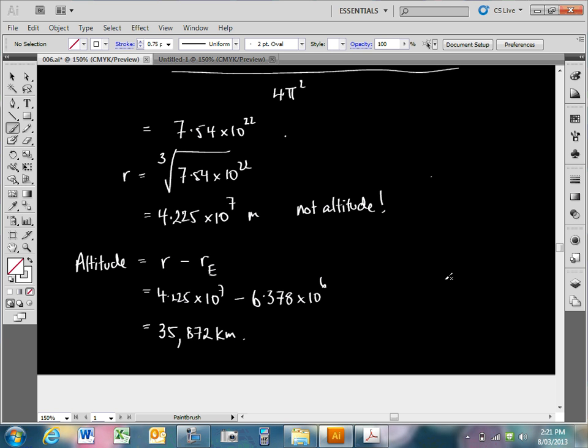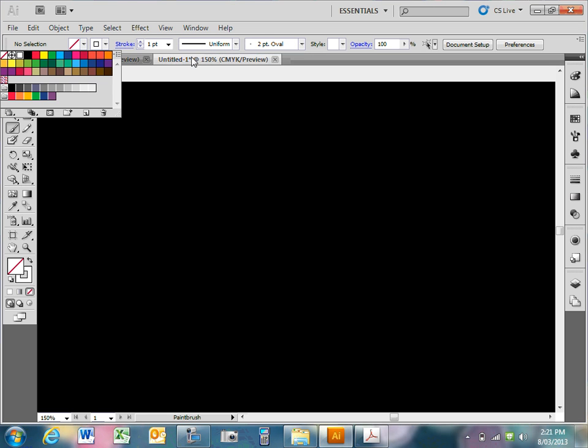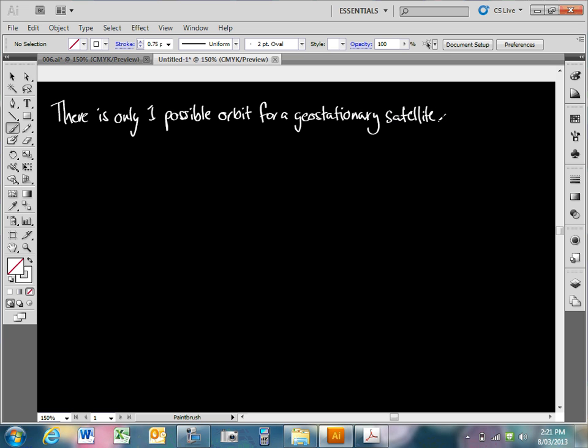That there is only one possible orbit altitude for a geostationary satellite.